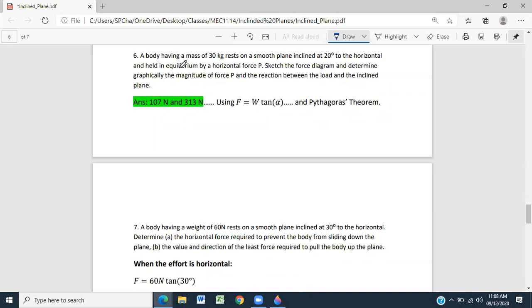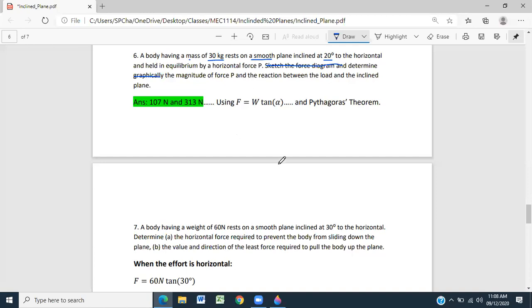Number 6, a body having a mass of 30 kgs rests on, again, a smooth plane inclined at 20 degrees to the horizontal and held in equilibrium by a horizontal force P. Determine the magnitude of force P and the reaction between the load and the inclined plane.